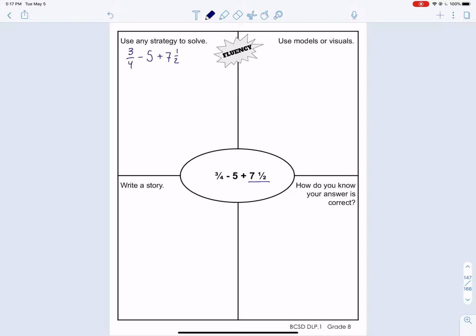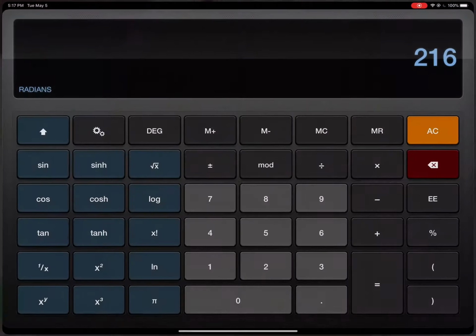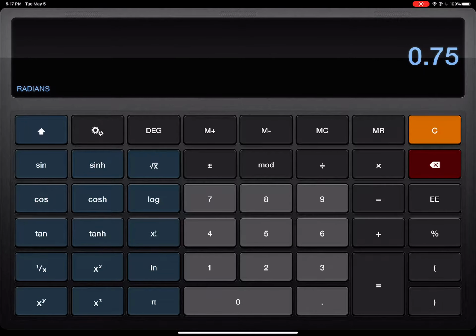We have a couple of options. We can use decimals, and for these fractions, that would work really well. That would look like 0.75 minus 5 plus 7.5. This kind of makes me want to use a calculator, so let's do that. 0.75 minus 5 plus 7.5.